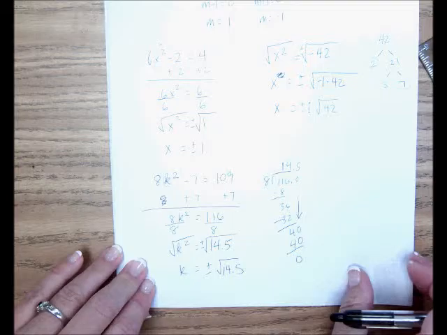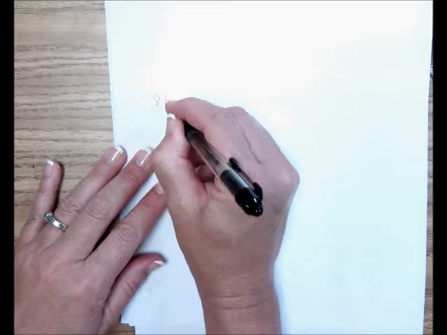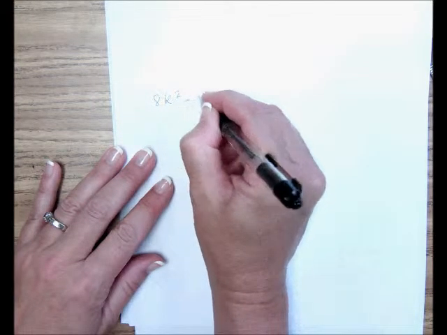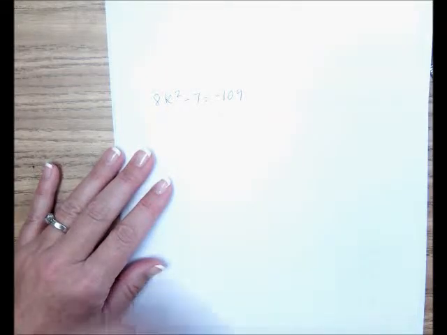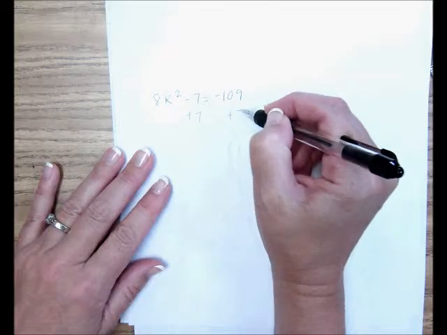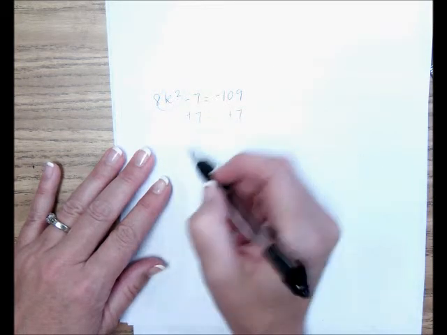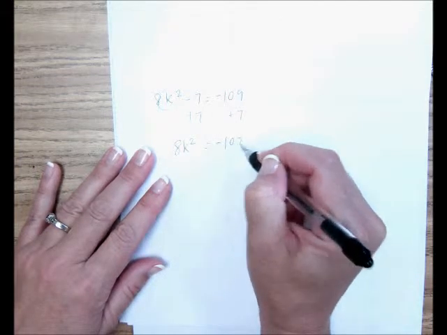And the problem with this one is I wrote it down incorrectly. So this time I'm going to write it down correctly: 8k squared minus 7 is equal to negative 109. In this case, I follow the same pattern. I'm going to add 7 to both sides, and it's going to be 8k squared is equal to negative 102.